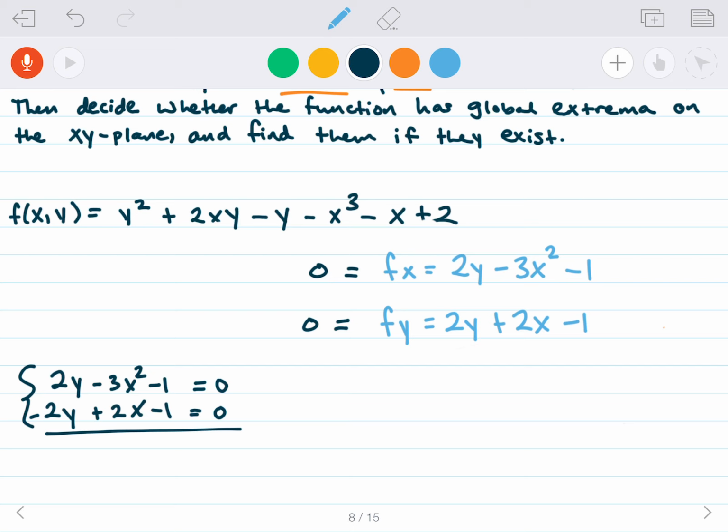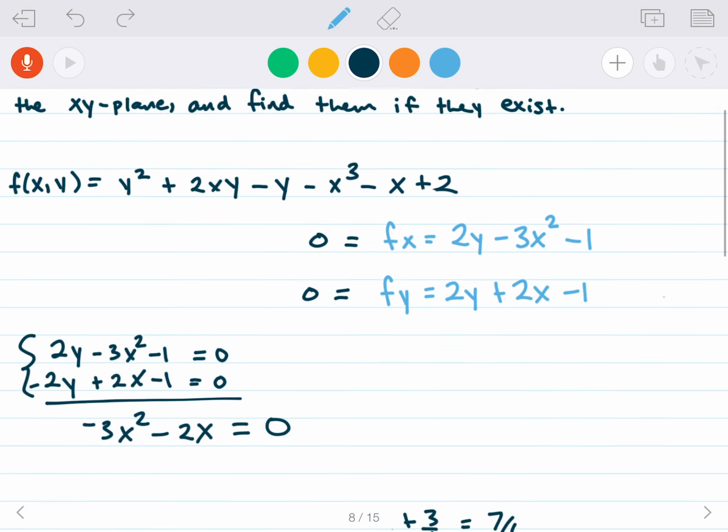So 2y minus 2y is 0. Negative 3x squared, we don't have another x squared term, so that just comes down. And then negative 2x comes down as well. Negative 1 minus a negative 1 is 0, and 0 minus 0 is 0. So we end up getting this when we subtract the two equations.